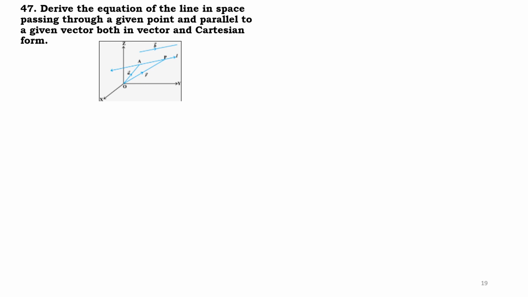Next question. Derive the equation of a line in space passing through the given point parallel to the given vector, both in vector and Cartesian form. This is also a standard derivation.